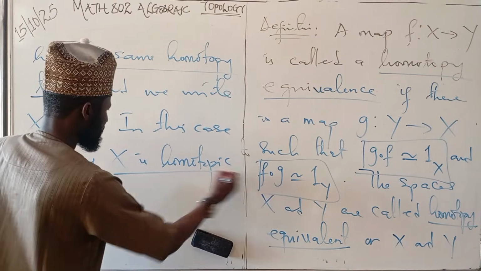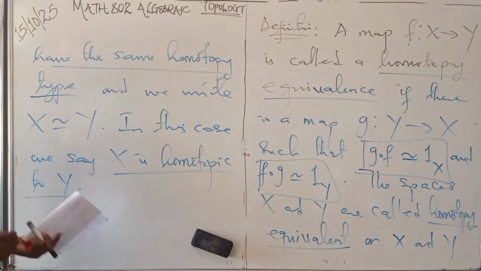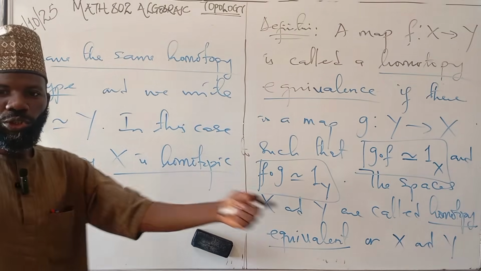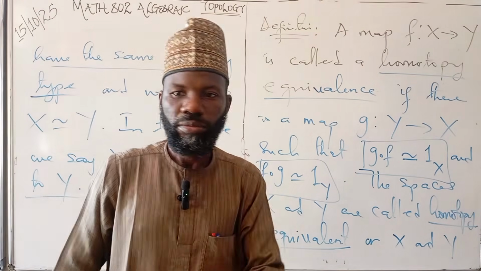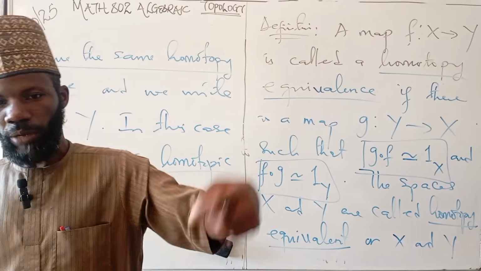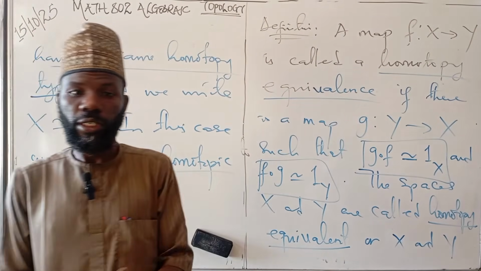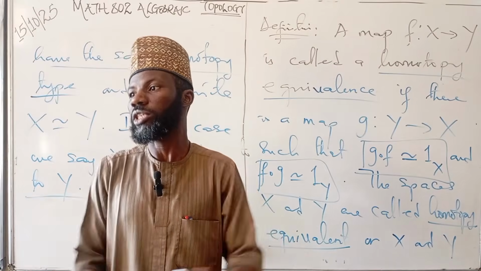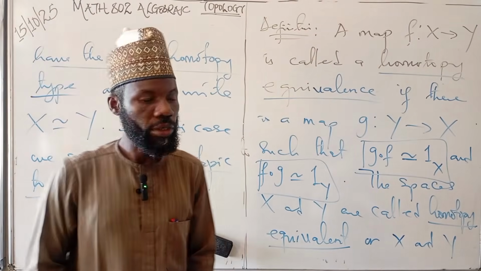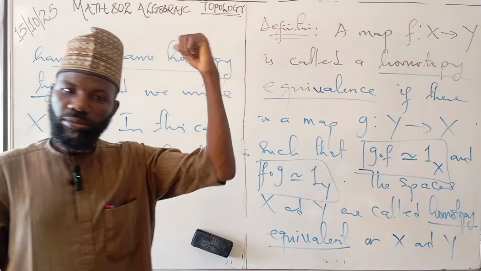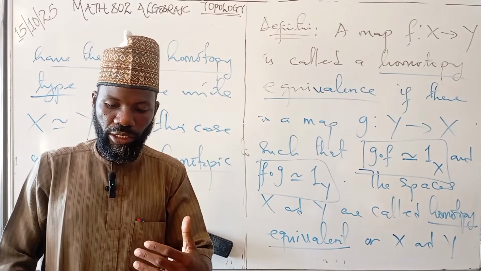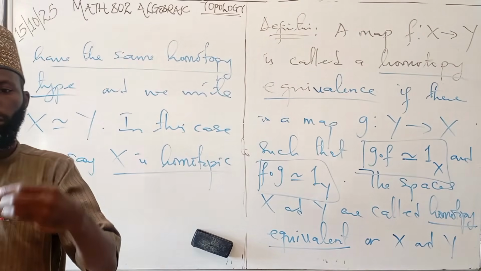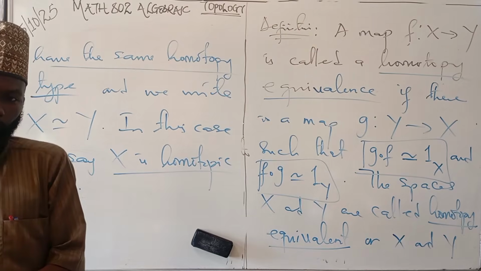So please, this is where I'm still emphasizing. You remember I said F naught is homotopic to G naught once there is a homotopy from F naught to G naught. And that homotopy is a continuous family of continuous maps. But throughout that discussion, I was not talking about spaces being homotopic.